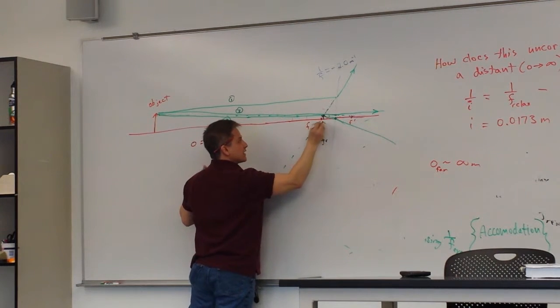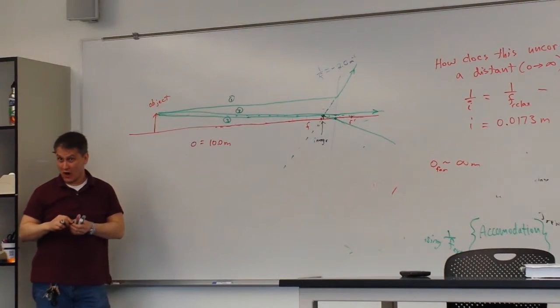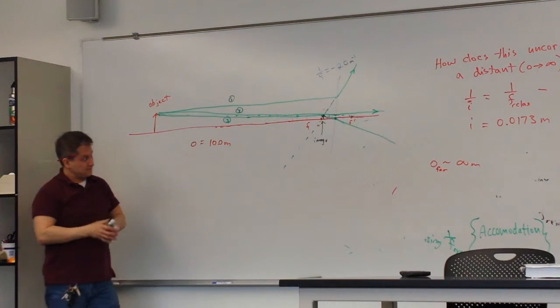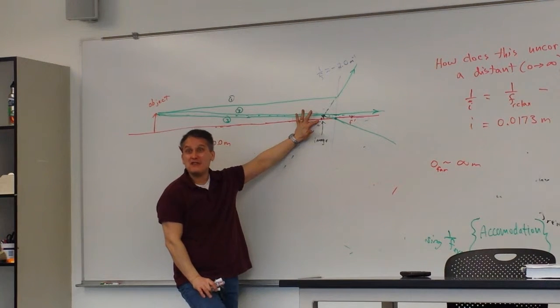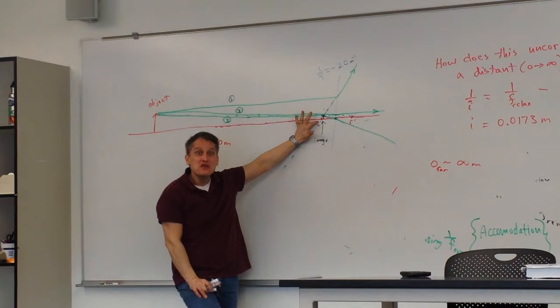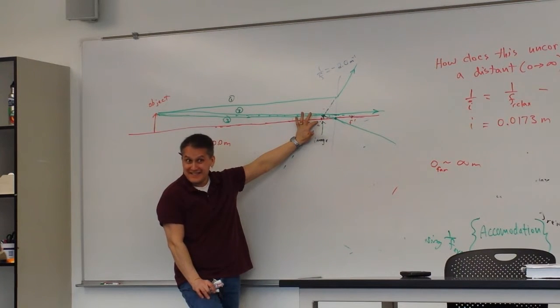So what's interesting about this, the way our eye works, and by the way, the focal length, the position of the focal length, is the far point of a person who uses those eyeglasses or who uses that lens to see. Right?